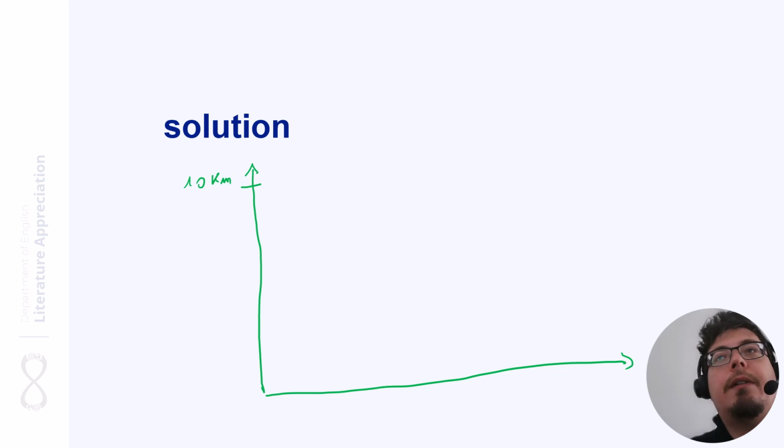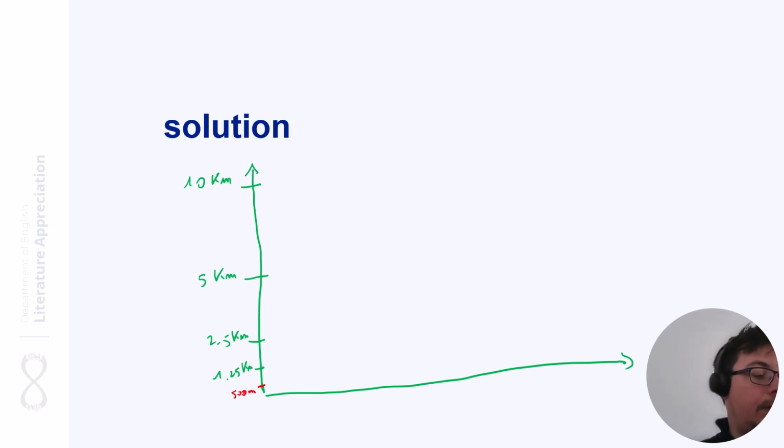We know that this is 5 kilometers, and then we scale it down to 2.5 kilometers, and if we divide by 2 again, 1.25 kilometers, and then roughly by 2 again, we get our 500 meters, which is the smallest section.